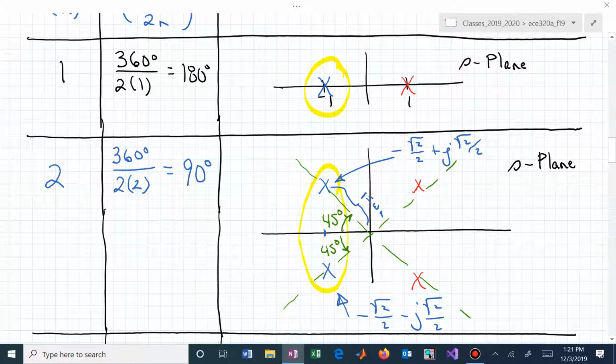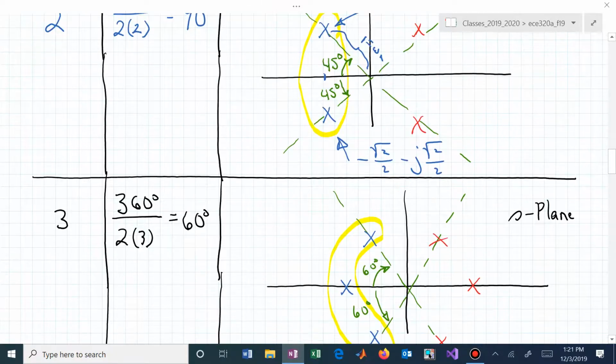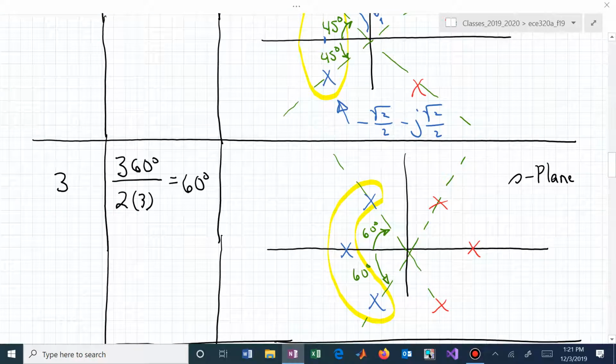What if we did that another factor larger? Now we have a third order. Now we divide 360 by 6. Now our poles are separated by 60 degrees. When we have an odd number of poles, we're always going to have one at s equal to minus 1. And now you can say, oh, but I know my poles are separated by 60 degrees.